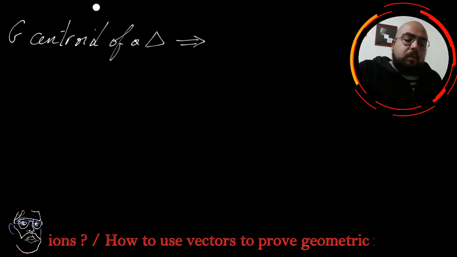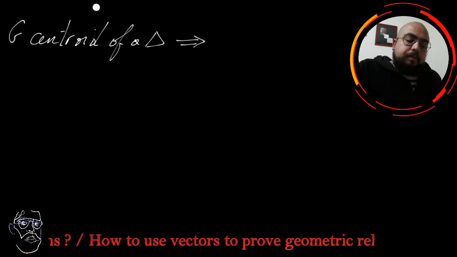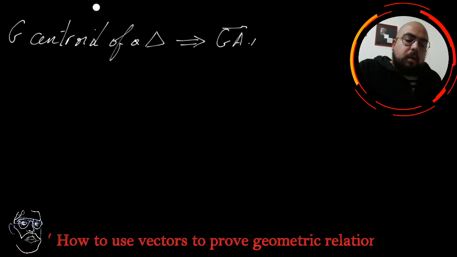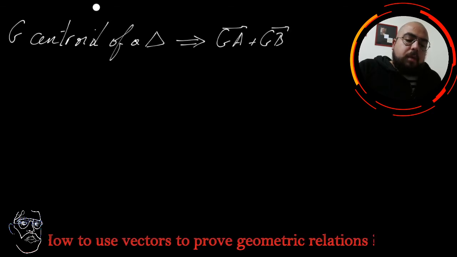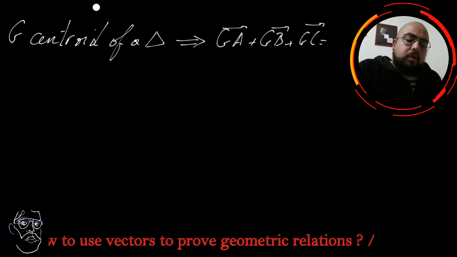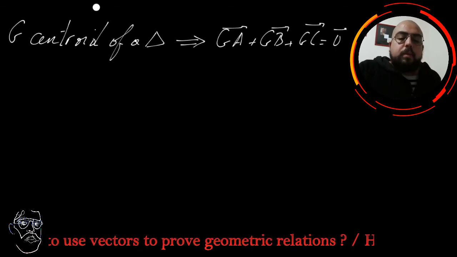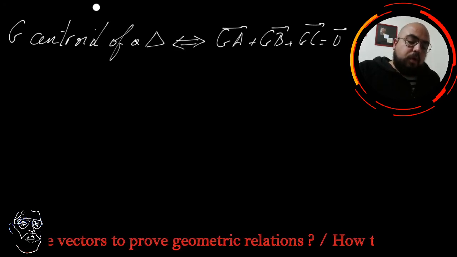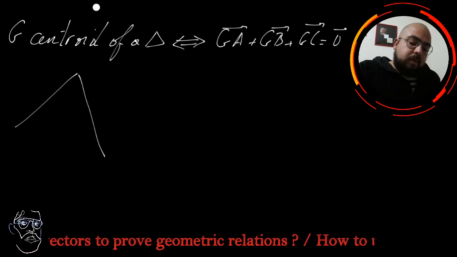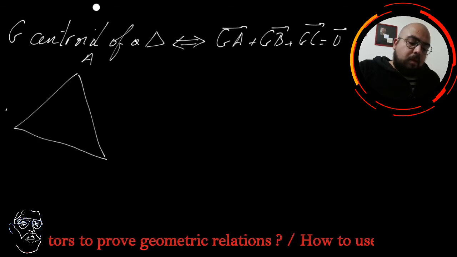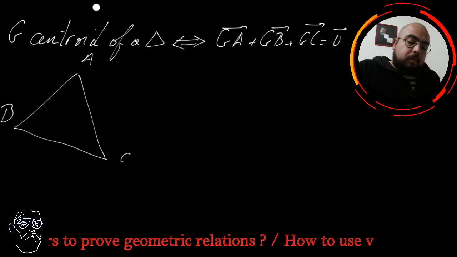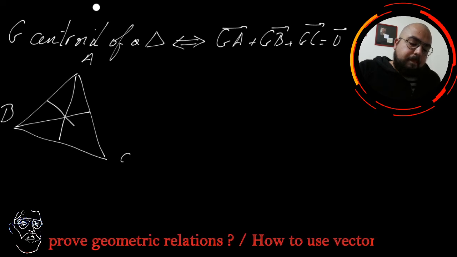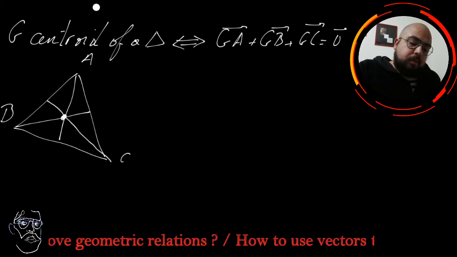I can deduce that, of course the triangle is ABC, so GA plus GB plus GC is actually equal to 0. Or in case you had GA plus GB plus GC is equal to 0, conversely you can say that G is the centroid of the triangle. So this is my triangle, in this case ABC. All right, so this is G, that's the point G.